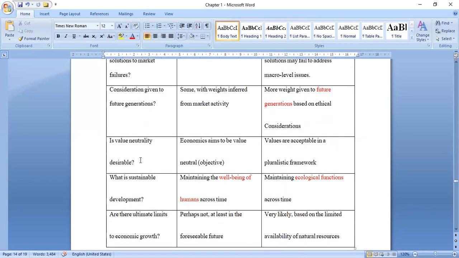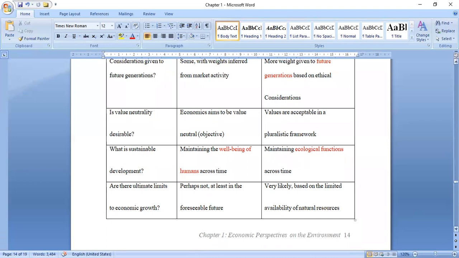Then in terms of value neutrality, the environmental economists consider themselves objective and value neutral, whereas the ecological economists are pluralistic in nature. In other words, environmental economists attach value, yes, but the ecological economists will not only attach value, but will look at the environment in different other aspects. Are we together?